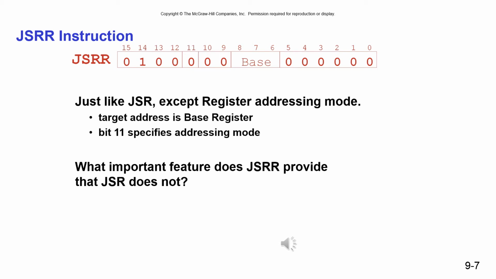This question, what important feature does JSRR provide that JSR does not? I think I've already answered that, but just for the sake of it having it on the slide, JSRR does not have a leash. There is no limitation as to how far away from the call, the jump to subroutine call, that the subroutine can be.